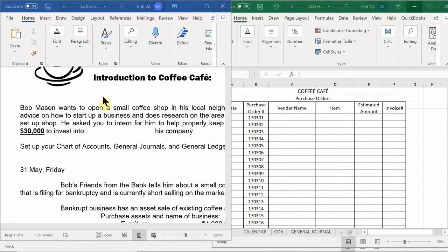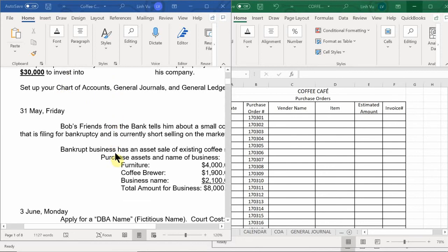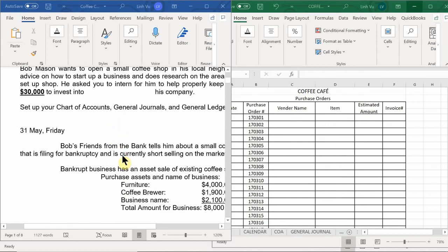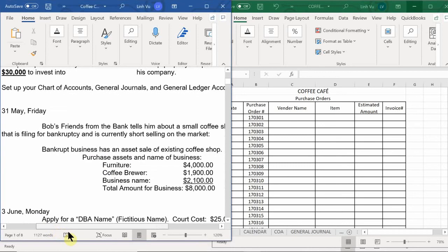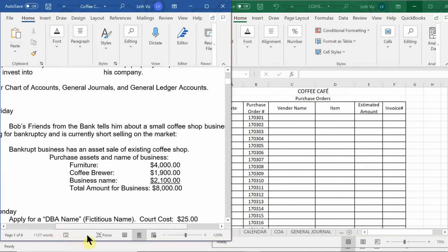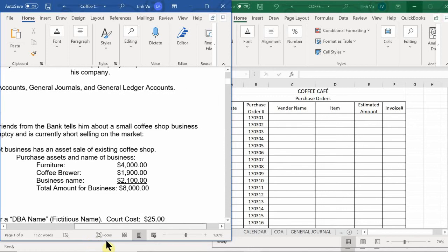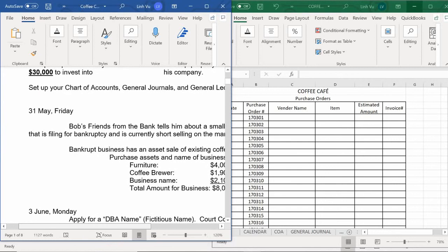So we are given this section right here. We have set up our accounts already. So let's see what happened on the very first day. This is assuming that here on Friday, May 31st, Bob's friend from the bank tells him about a small coffee shop business that is filing for bankruptcy.